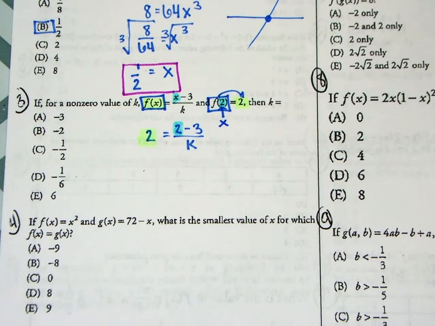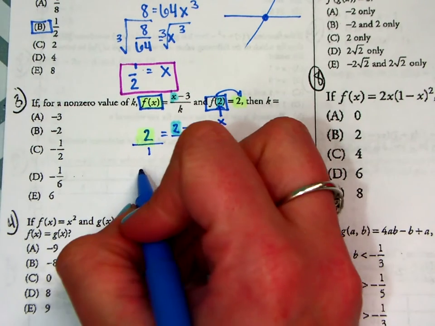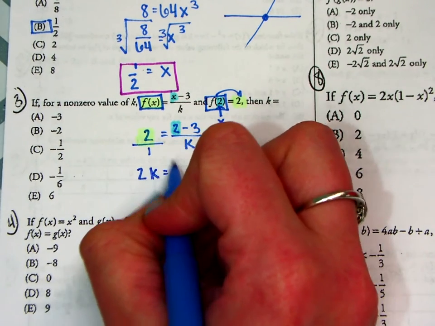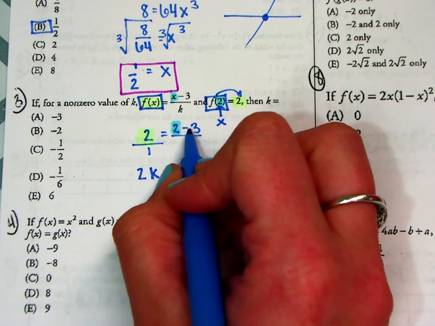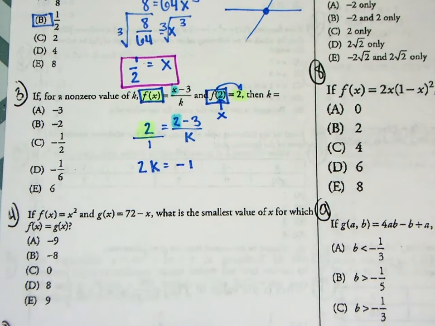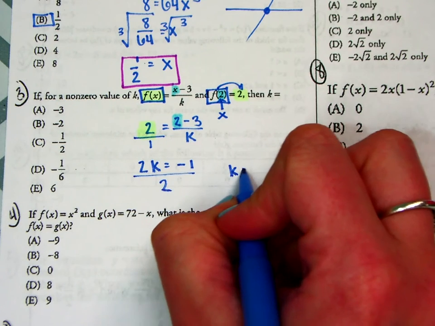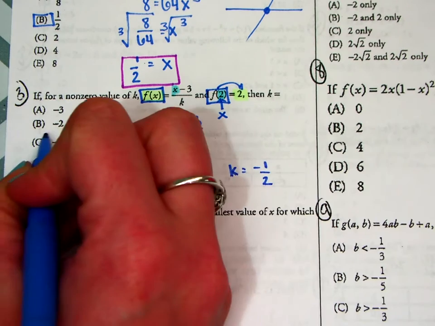So that's just going to make it a little bit easier. To solve, what I would recommend is cross multiply, and I'll put a 1 underneath here. So 2k equals 1 times all that. 2 minus 3, sorry, is negative 1. And then I'm going to divide both sides by 2. So my k value is equal to negative 1/2, which is option C.